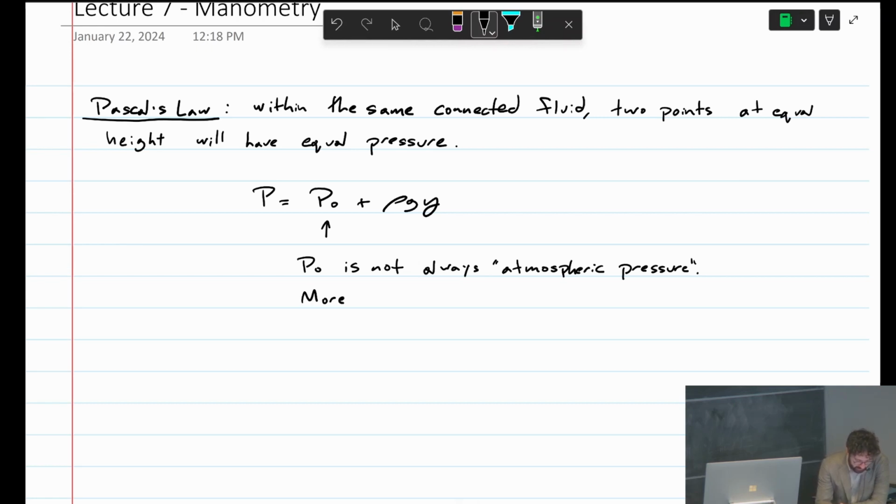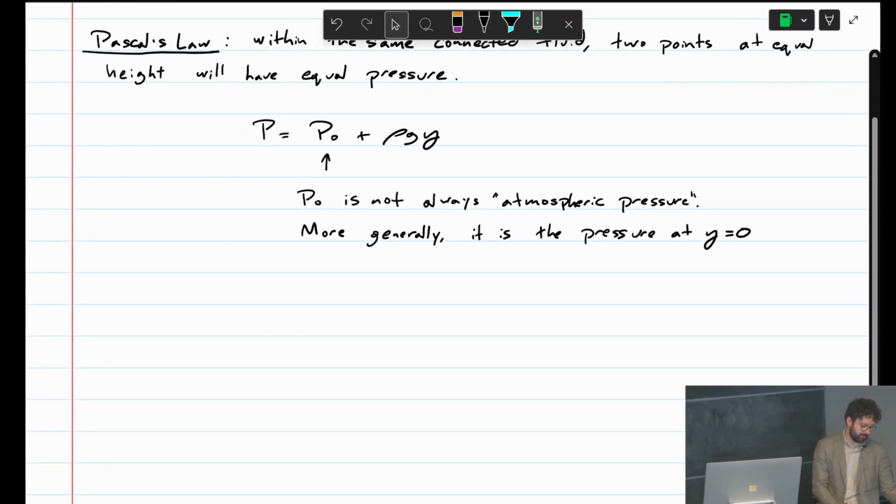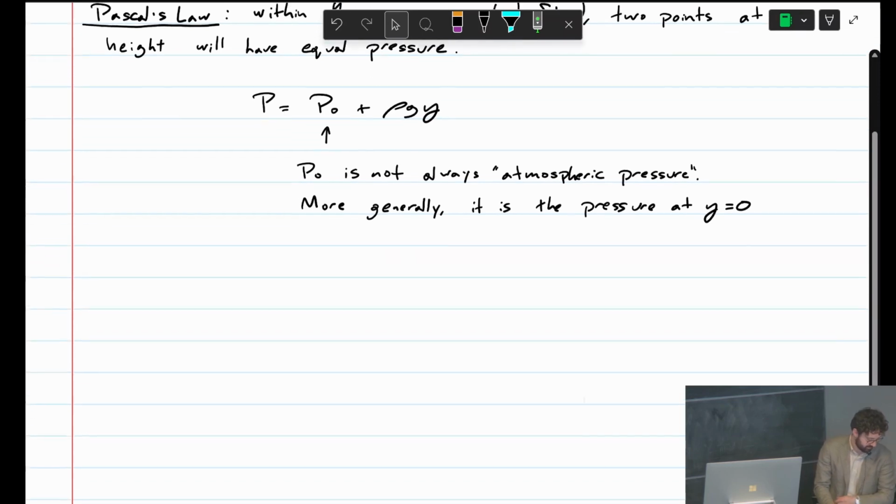More generally, it's just the pressure at y equals 0. So in the derivation where we derived this equation, we integrated from basically y equals 0 to y, and the P0 is the pressure at y equals 0. You'll be a little bit more comfortable with that after we do some examples related to manometry.